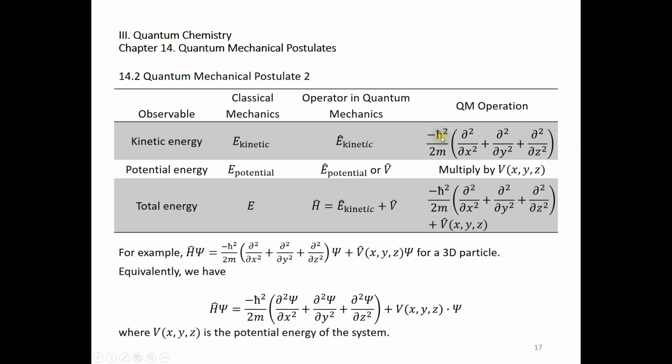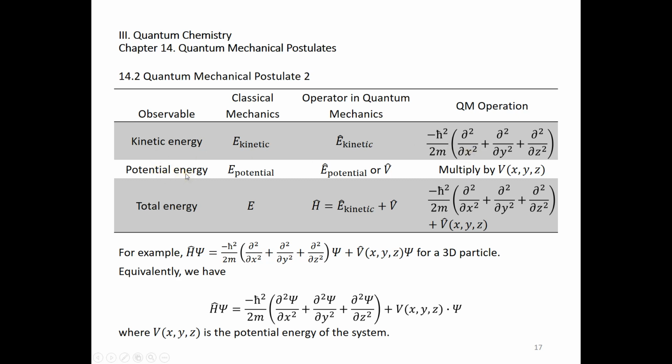It's negative h bar squared over 2m, and then we have the sum of 3 second derivative operators. We need to apply all this to a wave function. Really, you take the second derivative of the wave function with respect to x, with respect to y, with respect to z, sum everything up, and then multiply the sum by negative h bar squared over 2m. That's how the operation works.